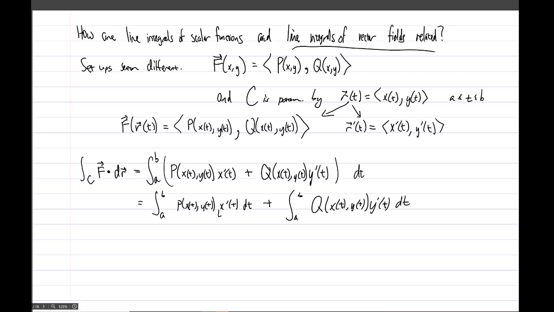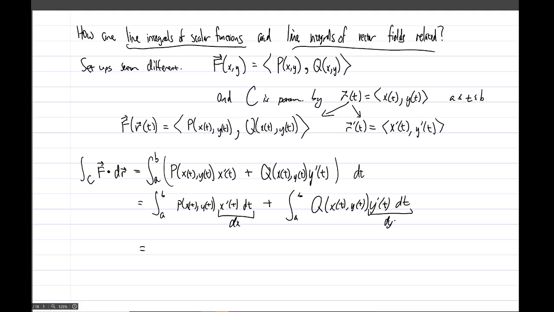Now, it's important to point out that this x prime of t times dt was the thing that was dx, when you set up an integral with respect to the coordinate axes back when we were talking about line integrals of scalar functions. This part right here, y prime of t dt, that was dy.